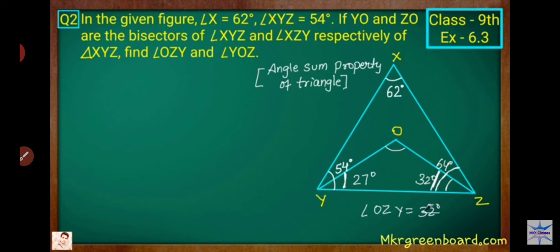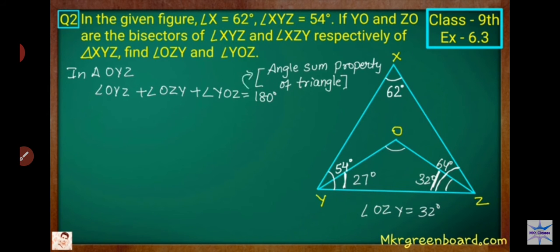So now the angle sum property of a triangle: in triangle OYZ, we put angle OYZ plus angle OZY plus angle YOZ is equal to 180 degrees. Now OYZ is equal to 27, OZY is equal to 32.